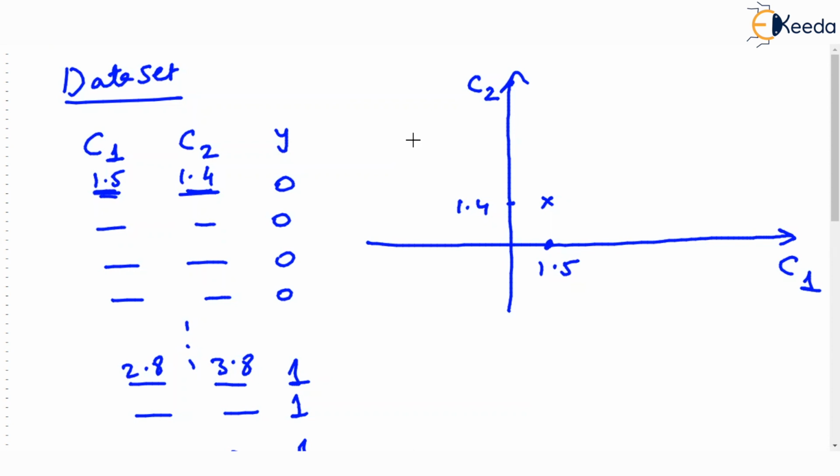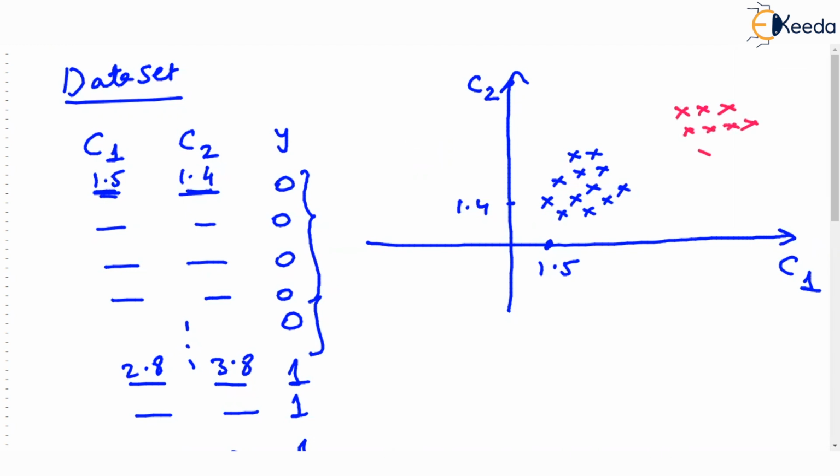Now imagine all these points which belong to class 0 are plotted in this way. All these blue points, what output label do they have? 0. And imagine all the red points I am drawing.